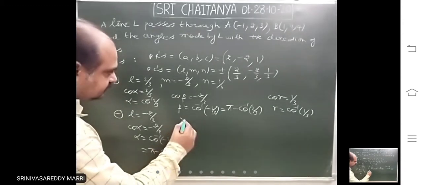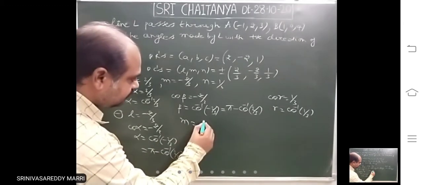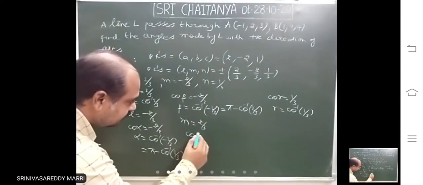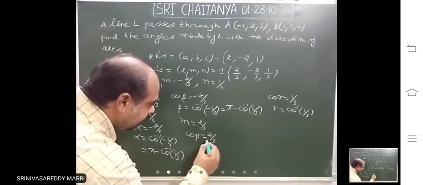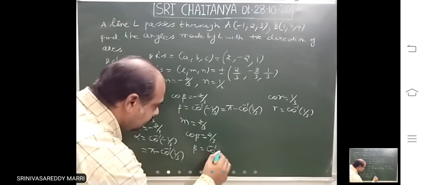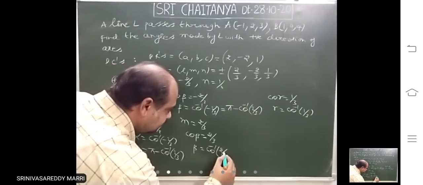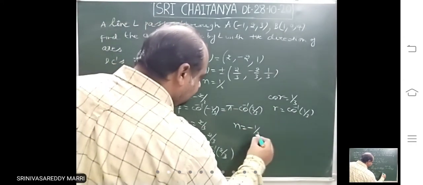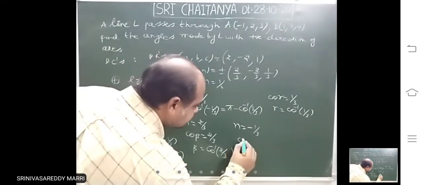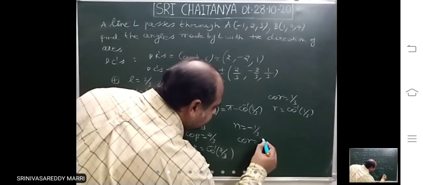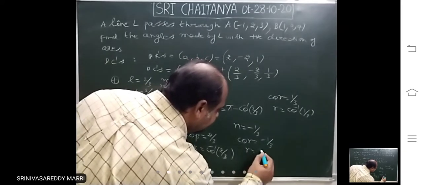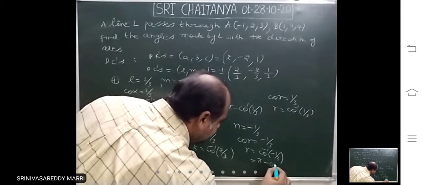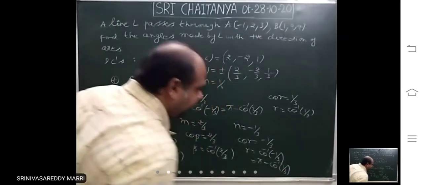M equals minus into minus 2 by 3, so cos beta is 2 by 3, and beta is cos inverse 2 by 3. Similarly, N equals minus 1 by 3, so cos gamma is minus 1 by 3, and gamma is cos inverse minus 1 by 3, which is pi minus cos inverse 1 by 3.